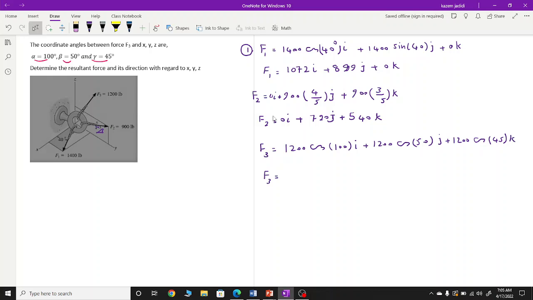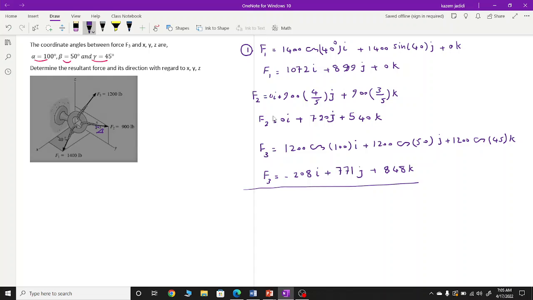And if you multiply it and simplify it, it's going to be 208i plus 771j plus 848k. We have all three forces written in Cartesian format.